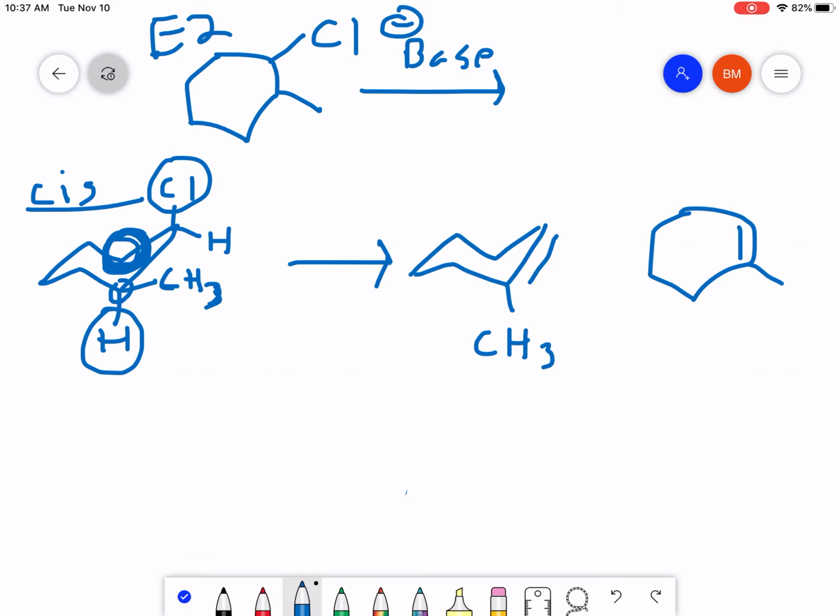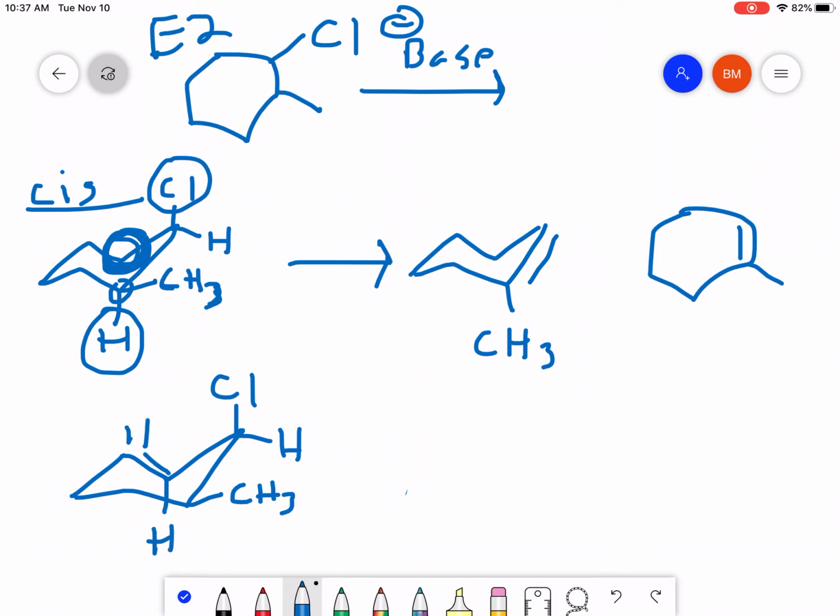All right? So what I'm going to do is I'm going to redraw this now that I've marked all over the other one. I'm just going to draw the axial CH3 here just to save a little room because it does get a little messy. All right, and I'm going to draw the hydrogens on the other beta carbon.